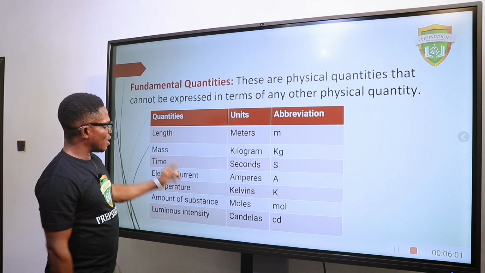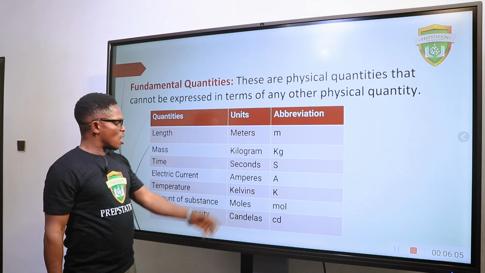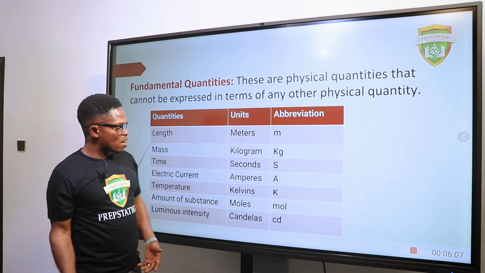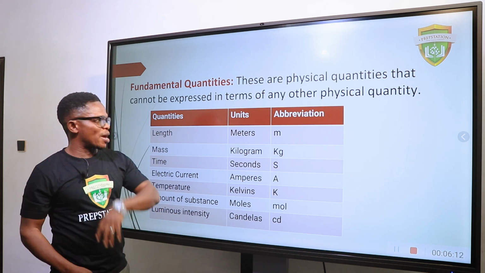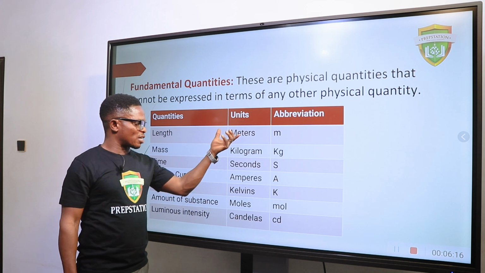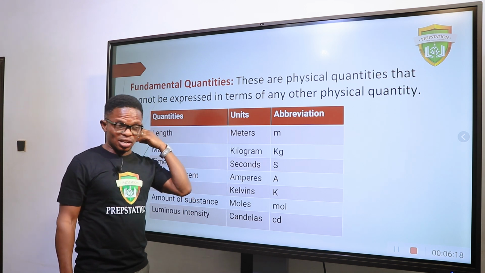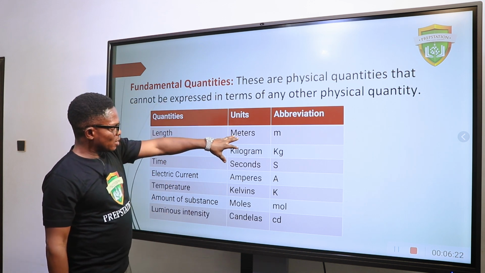The unit of length is meters, even though we have other units like kilometer, centimeter, millimeters, but you just have to know that the SI unit, System International, the agreed unit, is meters.